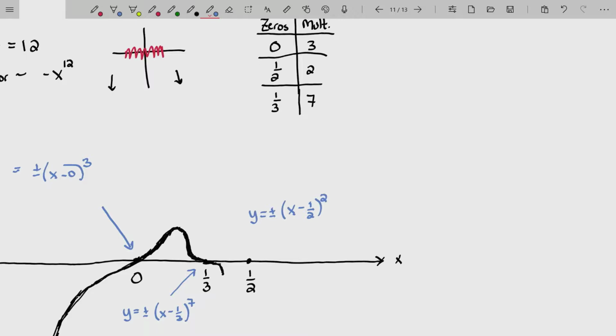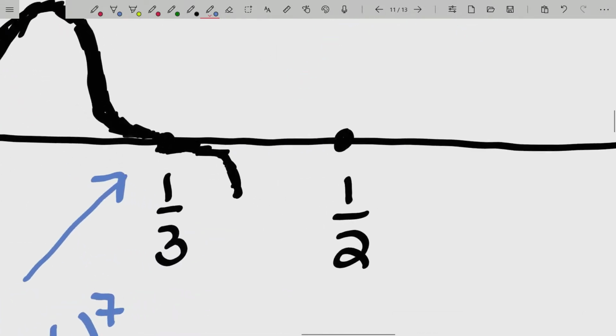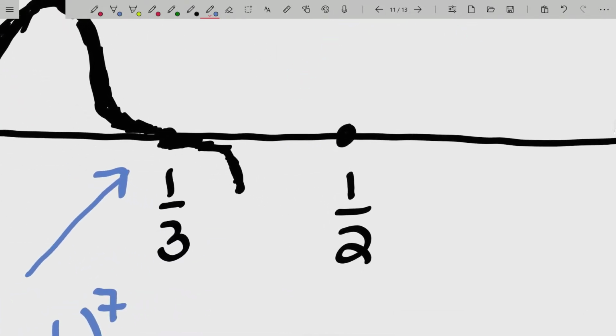It's either right side up or upside down. Since my graph is approaching from below the x-axis, it's going to be upside down, but otherwise it's going to look locally like a parabola.